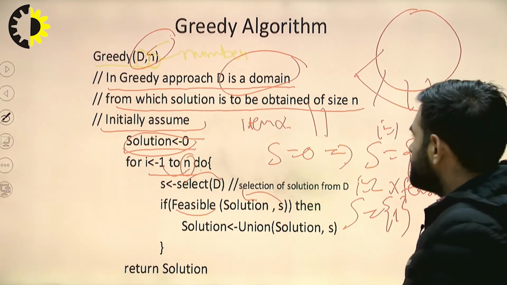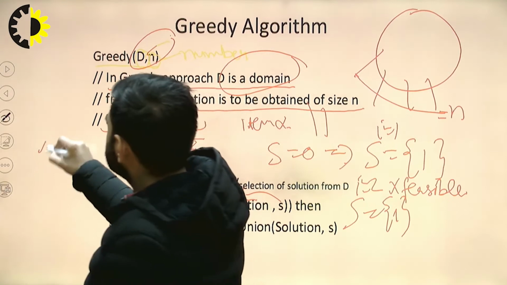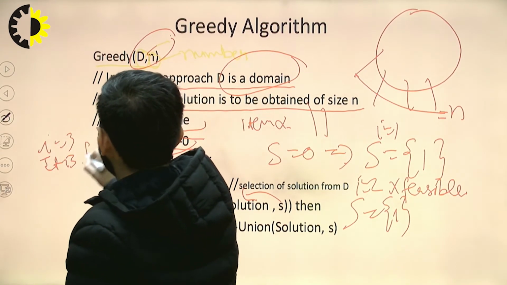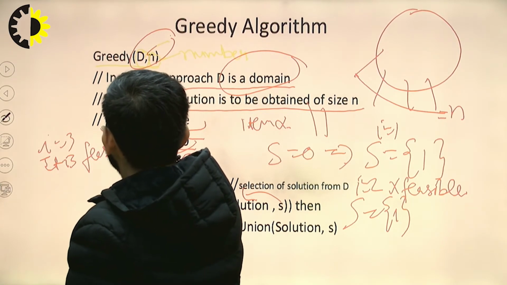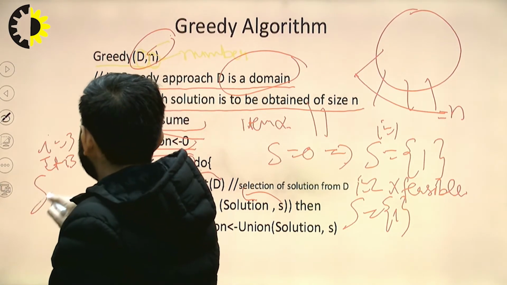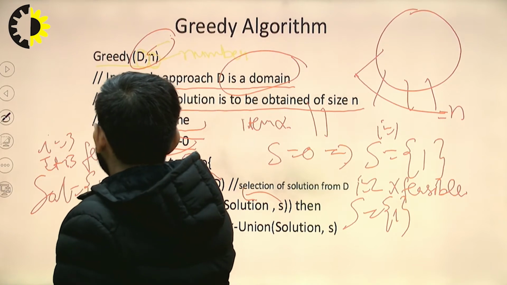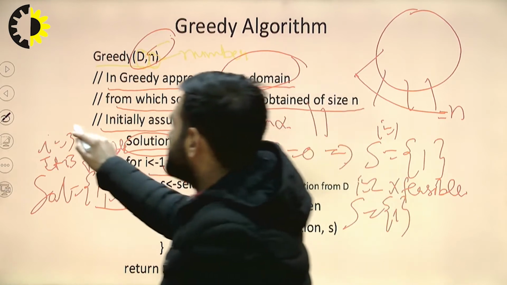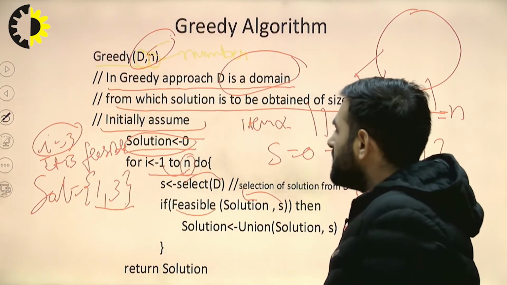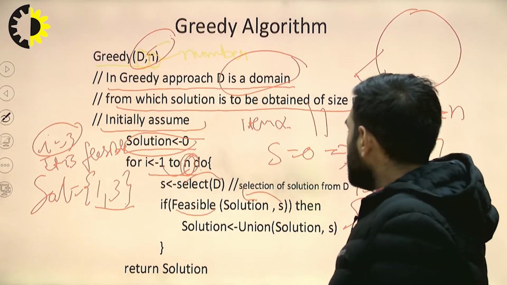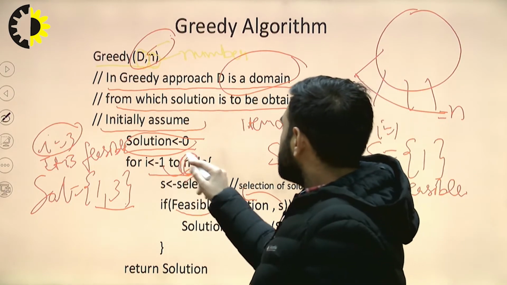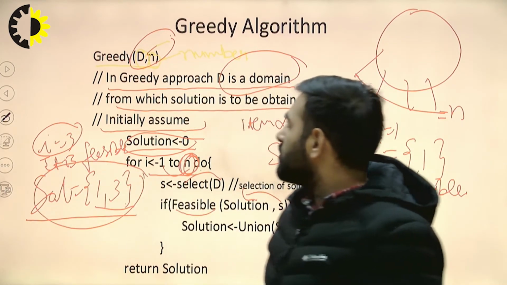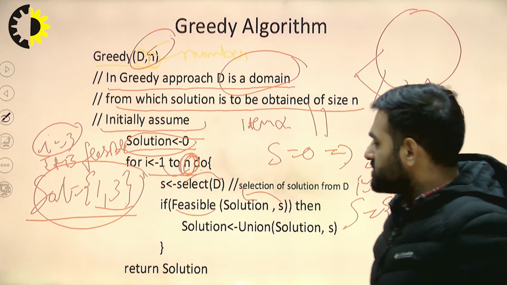For the I value 3, it is feasible. We have added it to the solution array. This is the array till the third iteration, and so on. We will go till n. After reaching n, this array will have the final solution. This is the algorithm for greedy algorithms. Now return the solution at the end.